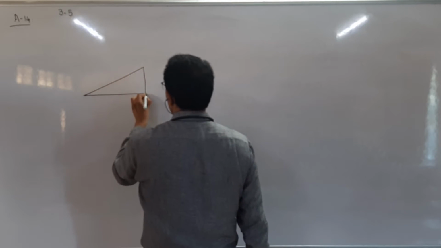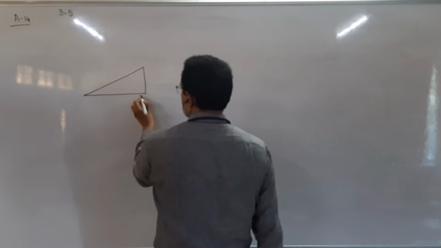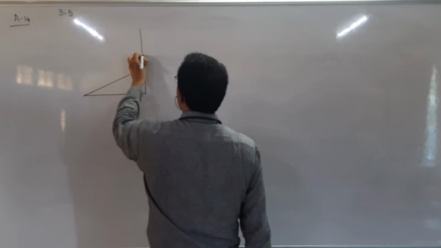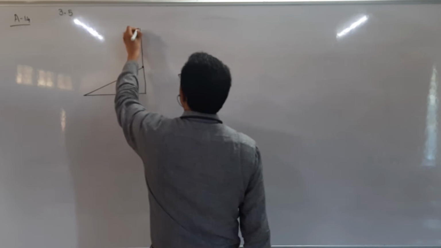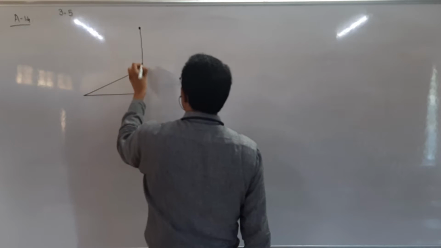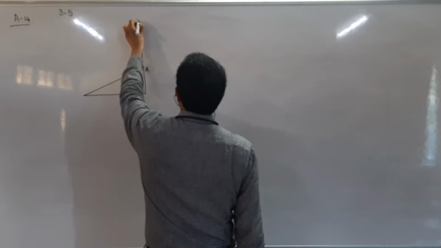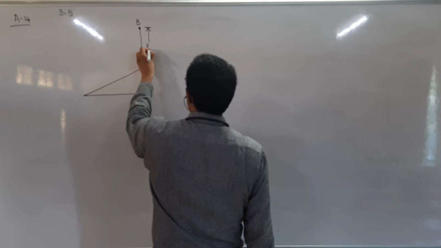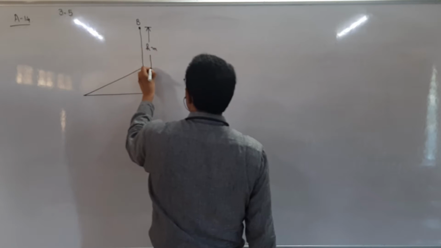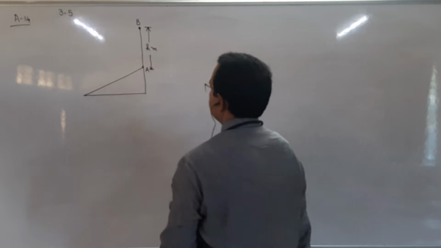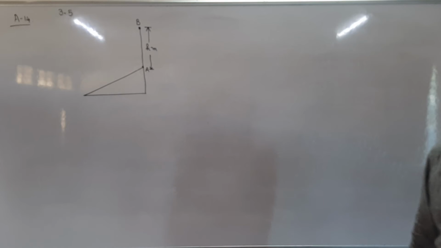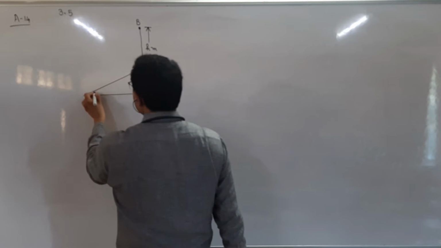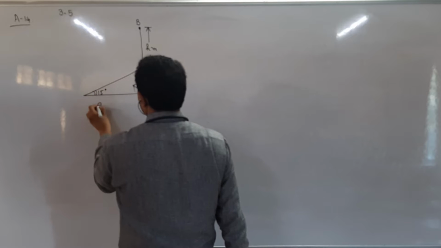I am showing one part of the hill to be like this. On hill, a tree is standing vertically. This is tree. Say AB is tree, and let us suppose height of the tree is h meter. The hill makes an angle of 15 degrees with the horizontal, means ground level.